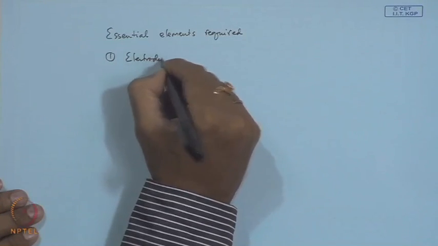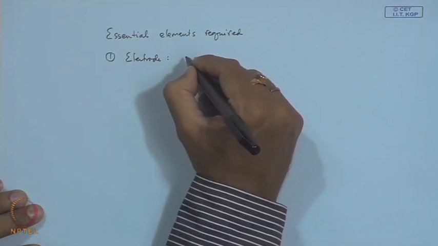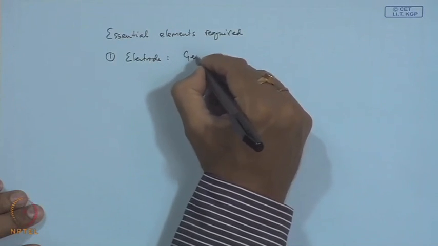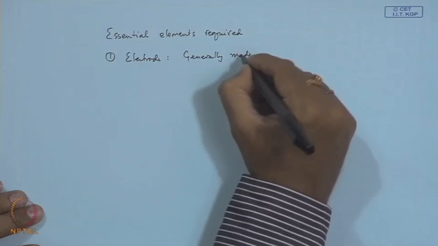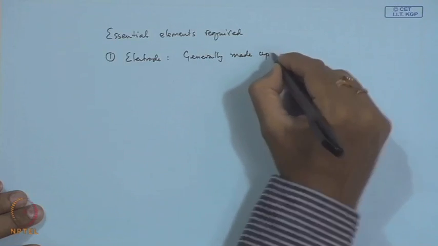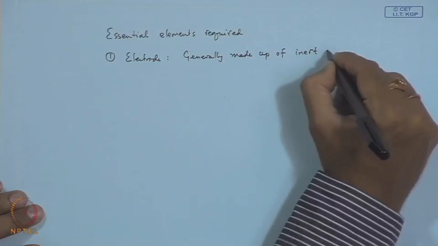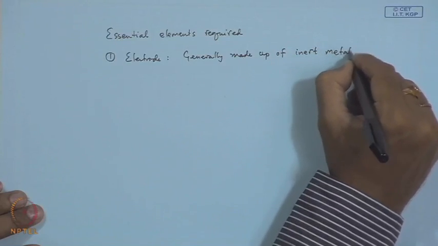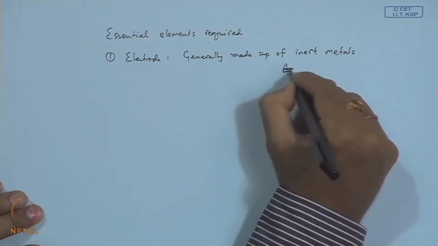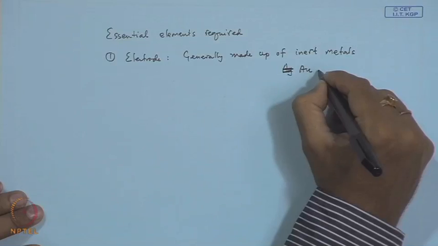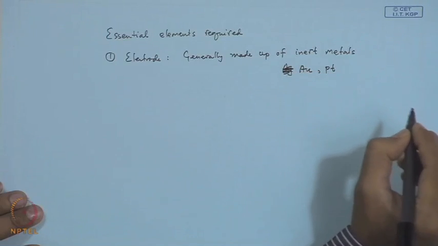Of course, you need an electrode, generally made of inert metals like gold, Au, Pt, not silver.